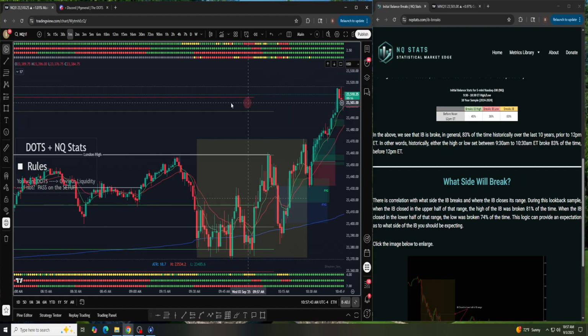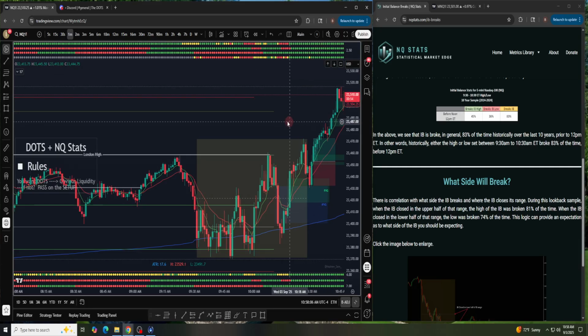This is what I'm talking about. Mixed dots, do nothing. News, do nothing. Green dots, but the liquidity level had already been hit, so ignore it. Wait for the next one. Then you get the initial balance break with the dots, with statistics, with green momentum.